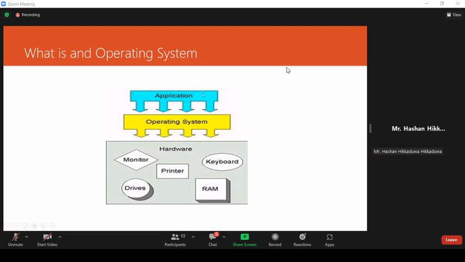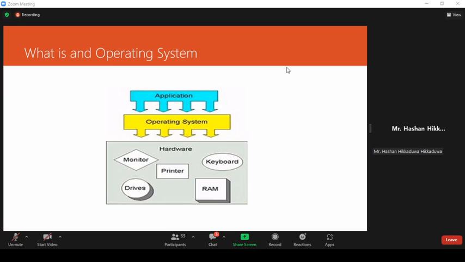Then the hardware can only understand machine language. Hardware cannot understand programming languages like Java or C or any other programming language. Hardware only understands machine language, that means ones and zeros, right?